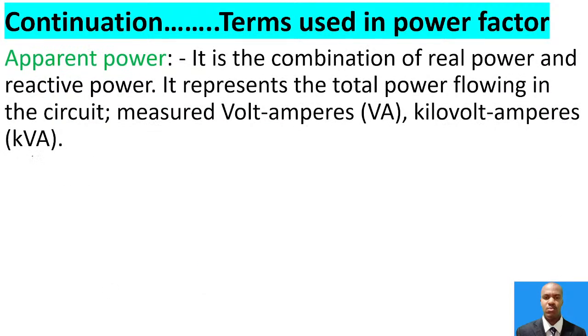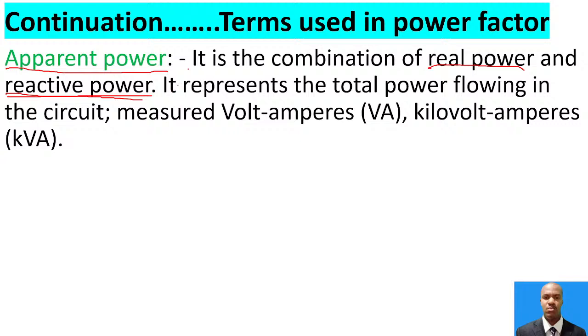Then the other term is apparent power. Apparent power is simply a combination of real power and reactive power. That tells you that apparent power in an AC circuit has two components: the useful power, that is the active or real power, and the non-useful power.